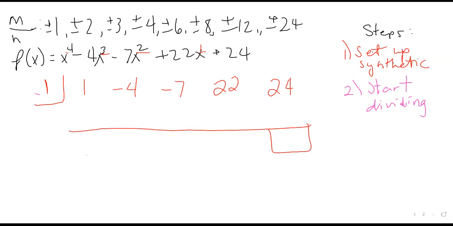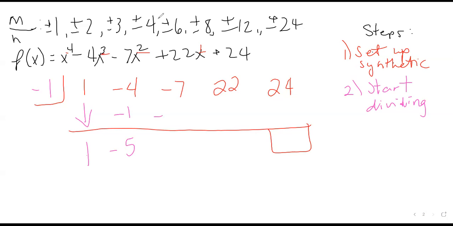So now I'm going to do -1. So again, I bring down the 1. 1 times -1 is? -1. -4 minus 1? -5. So remember, when there's 2 negatives, it's the same as adding them, but just keeping that negative sign. -5 times -1?